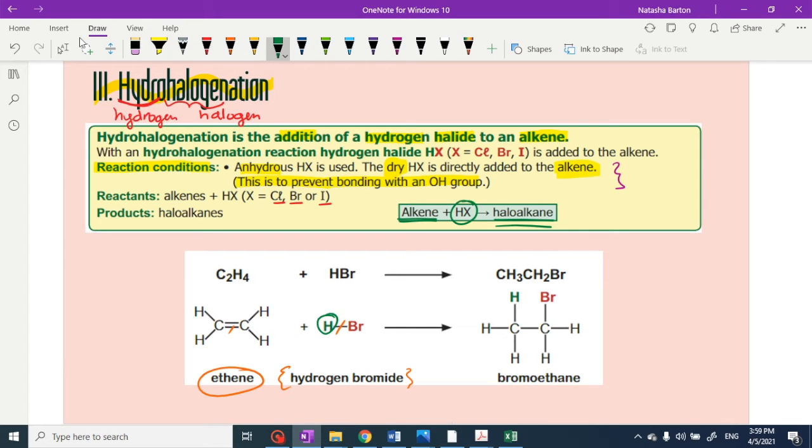And attached on the one side to the one carbon, we're going to have the hydrogen, and to the other carbon on the other side we are going to have bromine attached, and then we will have bromoethane forming. So again, we go from an unsaturated organic compound to a saturated compound, and therefore this is a type of addition reaction. Okay, and it's as simple as that. There's really nothing more to it.